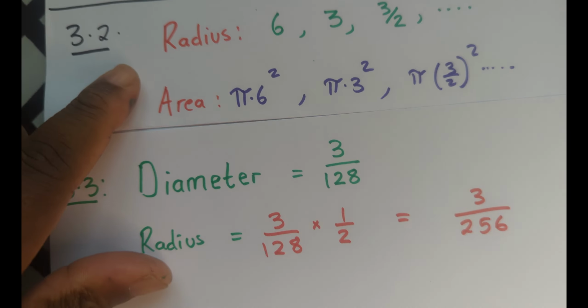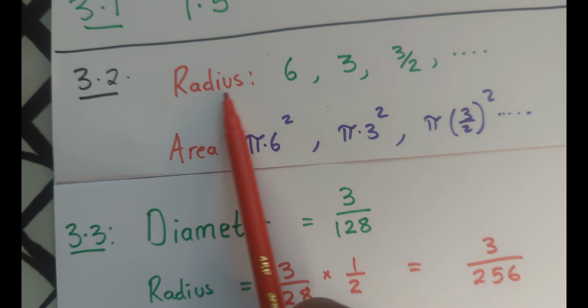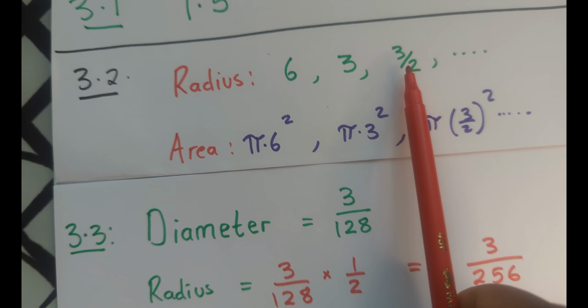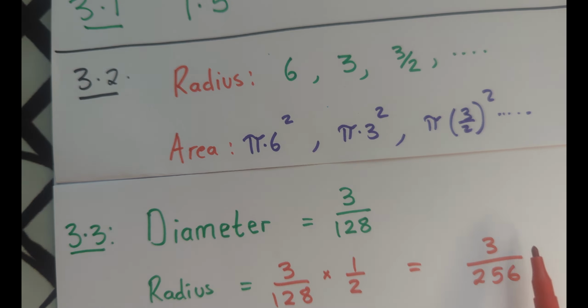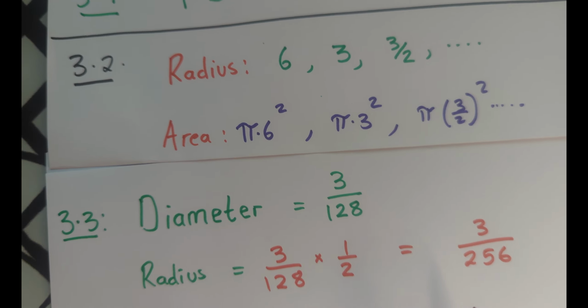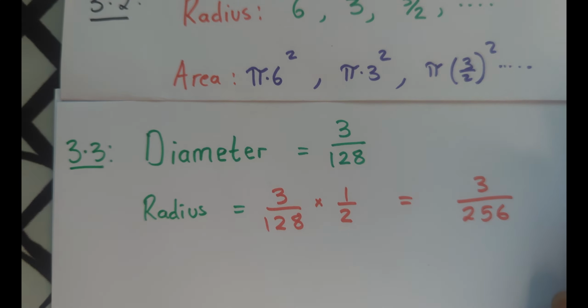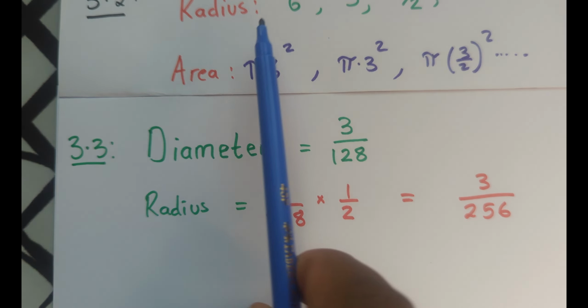And let's go back to the sequence of our radius. So we have 6 as the first term, followed by 3, followed by 3 over 2. And we want to find which circle has got this radius of 3 over 256. So let's try to find the general pattern, the general term of the sequence of the radii.